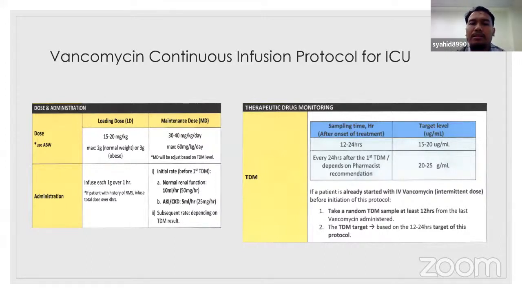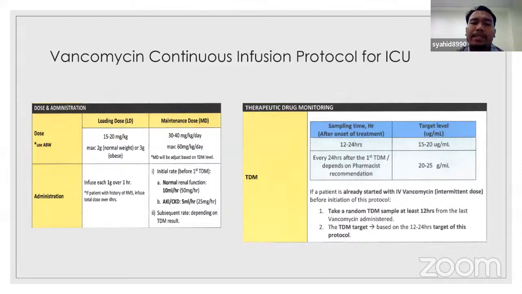because it is quite common for Red Man syndrome to occur, which is related to the infusion rate. Okay, for the initial rate before the first TDM, for normal renal function, usually we will use 50 mg per hour, and we will adjust it according to the TDM level afterward.